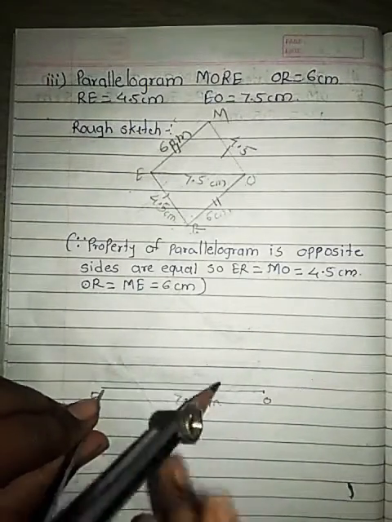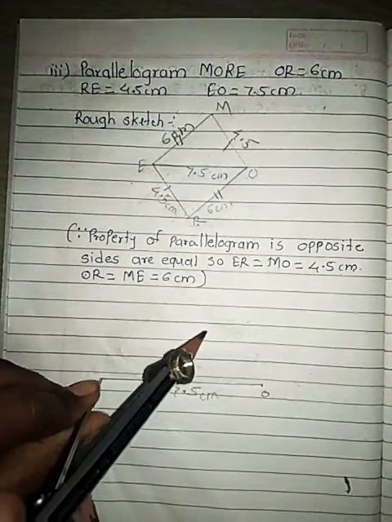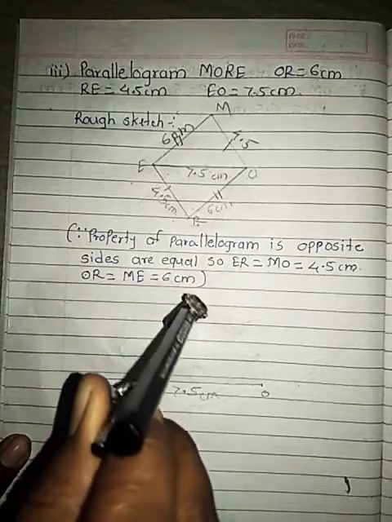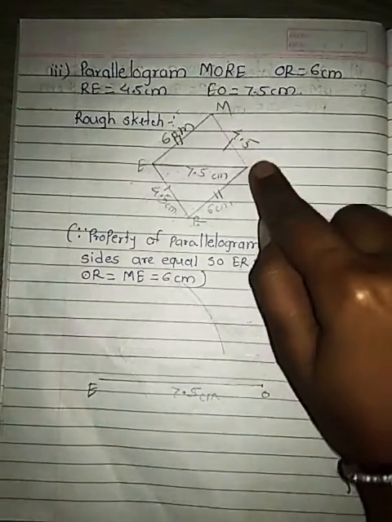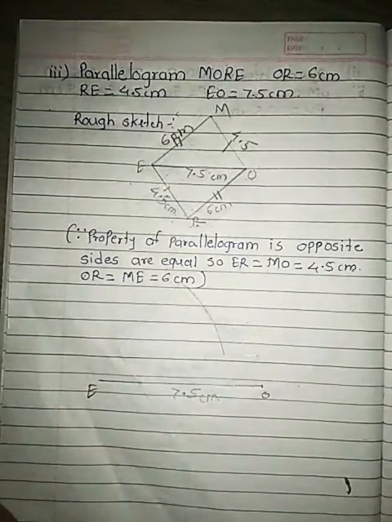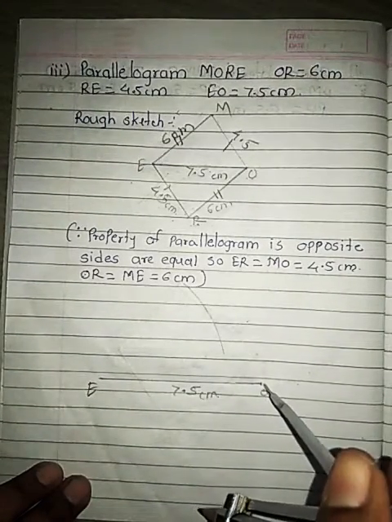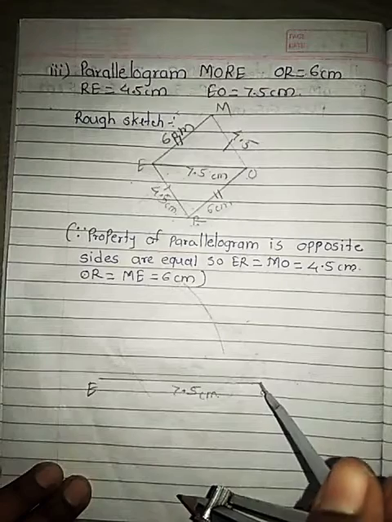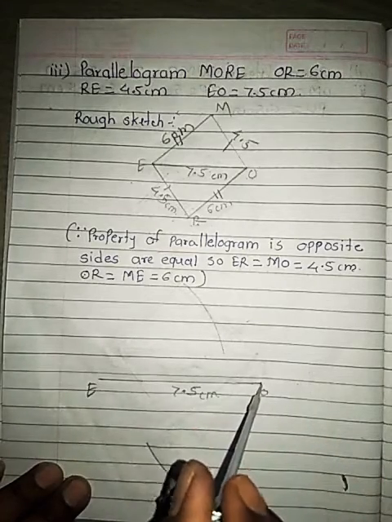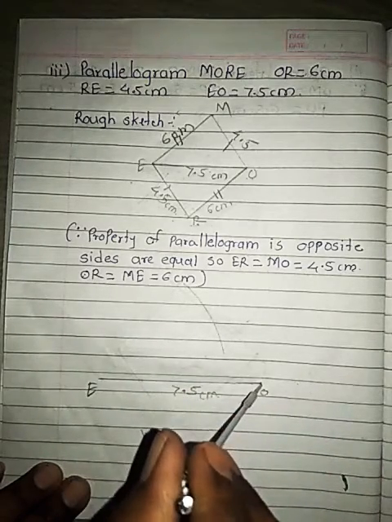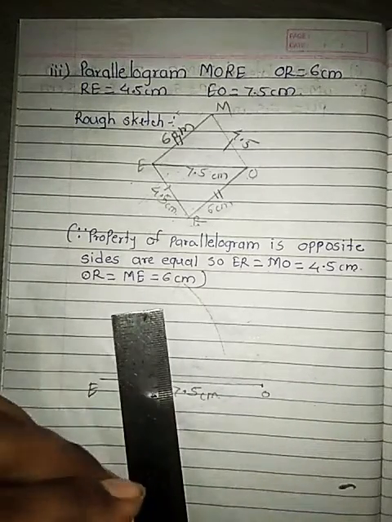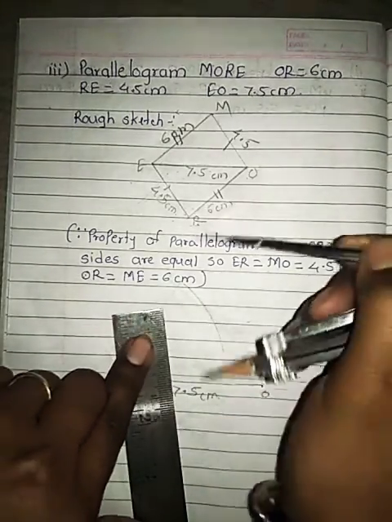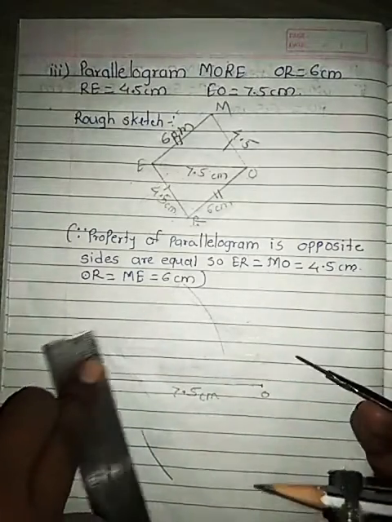Now 6 centimeter from the point E as a center, make one arc. Now from point O also 6 centimeter, so with the same distance make another arc. It will be easy for you; you need not change the compass distance two times. With 6 centimeter, you can draw 2 arcs one time.